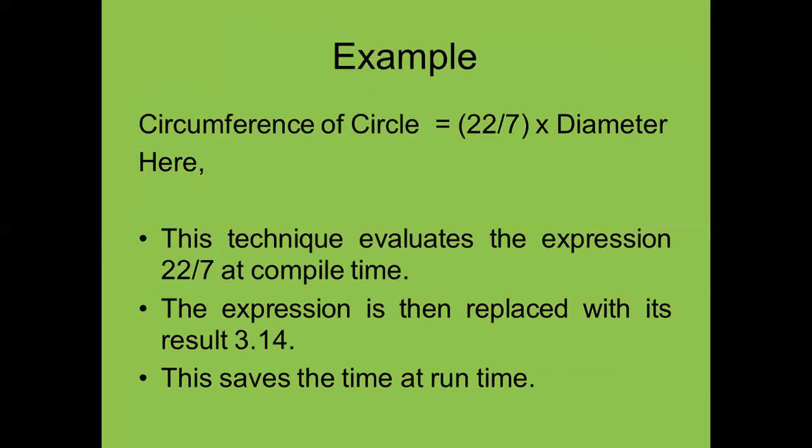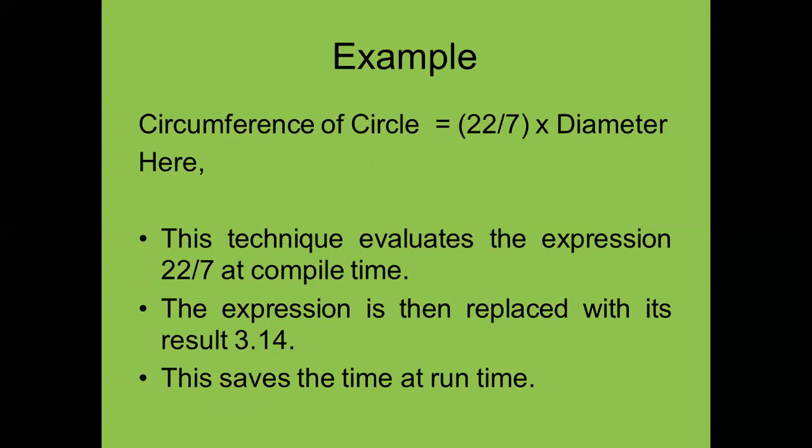Now you can consider the example, circumference of a circle: 22 upon 7 into diameter. Pi d is the circumference of a circle, meaning 2 pi r. D is 2r.